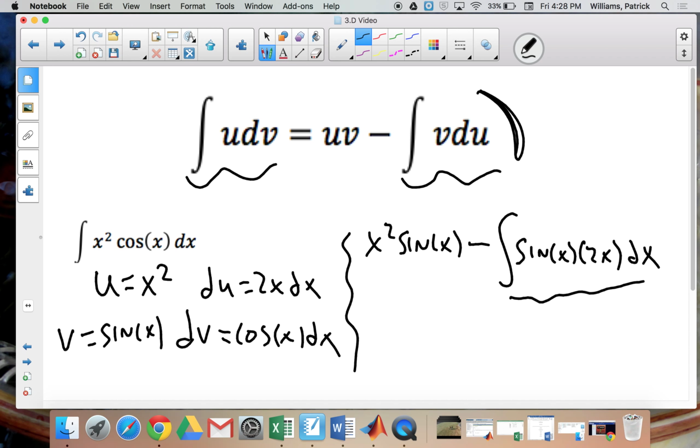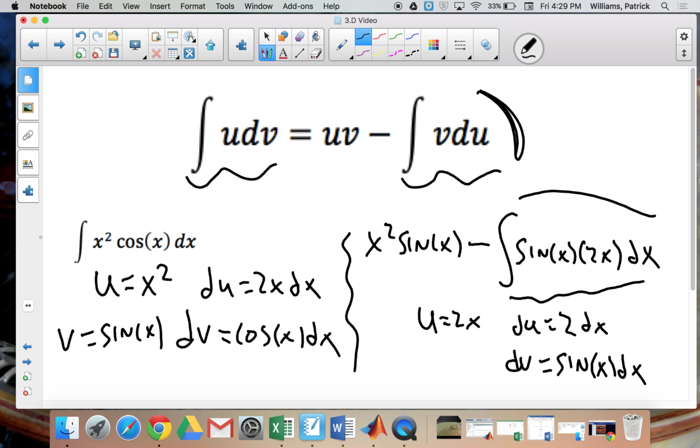But we do have one thing multiplied by another thing. So what I want us to do right here is actually do integration by parts again, but we're going to do it to this integral right here, okay? So for that integral, we will say that u is 2x, dv is sine of x dx, therefore du is 2 dx, and v is going to be negative cosine of x.